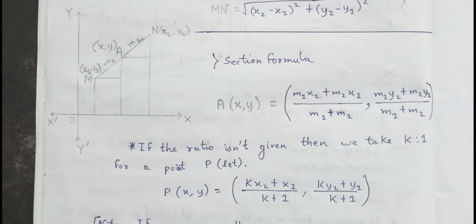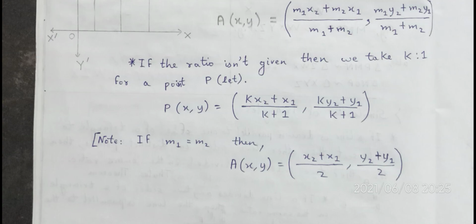Assuming P as one of the points, (x, y). Here k x2, it is the same as m1 m2, but here we don't know, so we use k is to 1. So we take (k x2 plus x1) by (k plus 1). Here 1 is multiplied with x1. Similarly, for the ordinate, it is (k y2 plus y1) by (k plus 1).